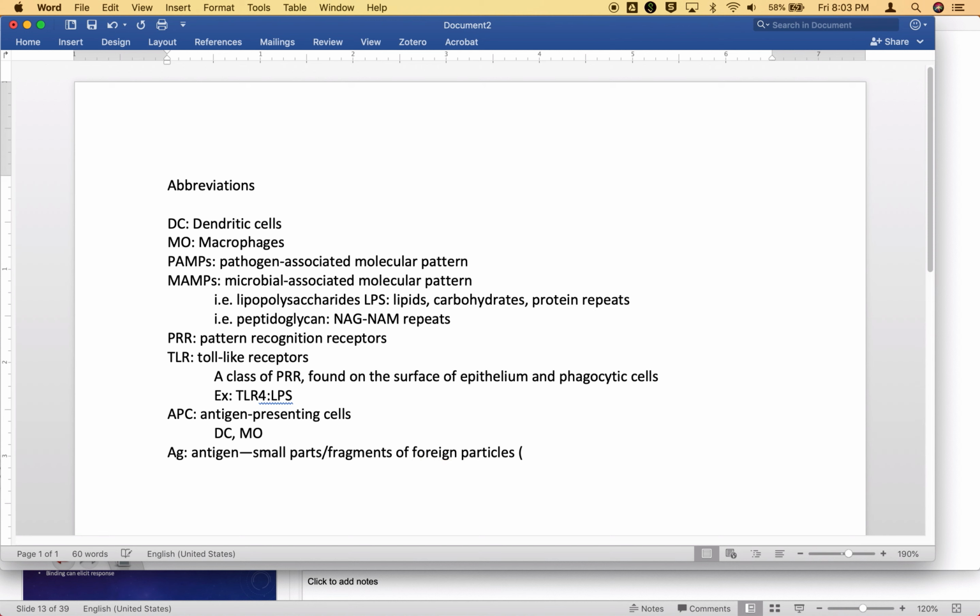And this could be pieces of bacterial cells, viral particles, or viruses, or virions, etc. Right? All kinds of things that the phagocytic cell is digesting, and they're breaking those down into small pieces. Antigens, you can consider a protein an antigen, but most often when we're saying antigen, we're talking about digested pieces, so even pieces of proteins there.